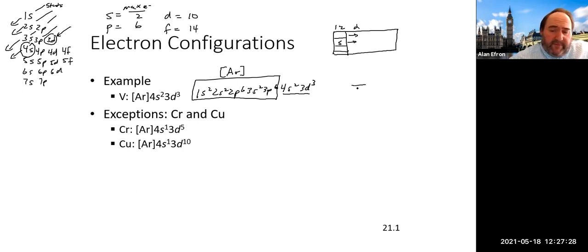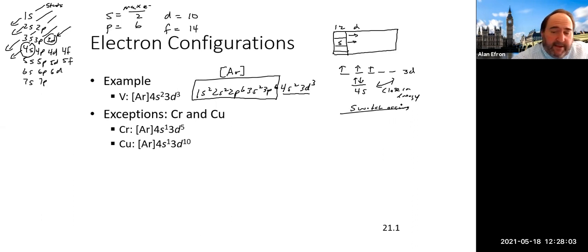So when we do fill up those electrons, the s orbitals get them first, and then we start filling our d orbitals. Not to be confused, these are very close in energy to begin with. Once we actually start filling the d orbitals, there's a switch in energy that occurs.